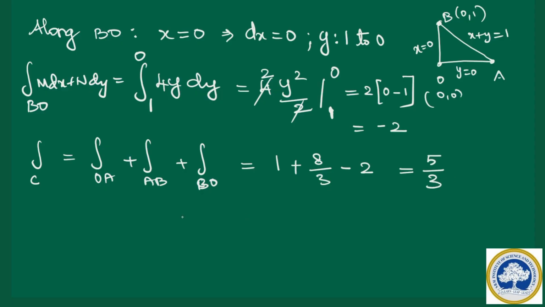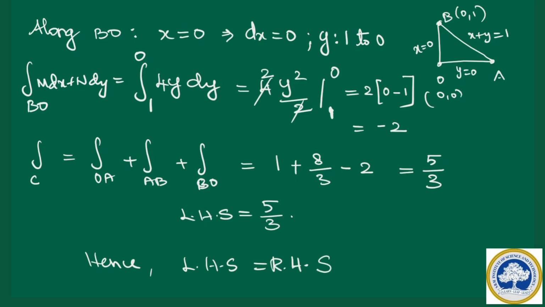So what is this? LHS is calculated as 5 by 3. So already we have found out RHS is equal to 5 by 3, and hence we can conclude that LHS is equal to RHS, that is left hand side part is equal to right hand side part, and hence Green's theorem is verified. So this is the way we have to verify the Green's theorem for the given problem.